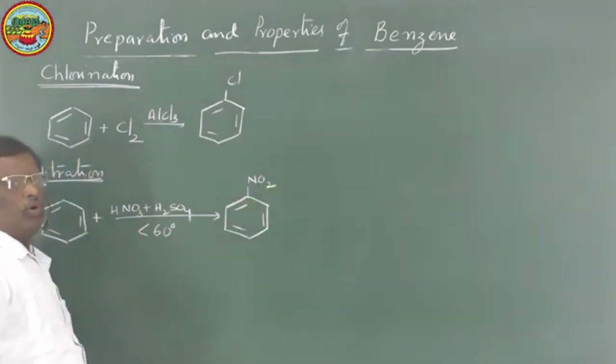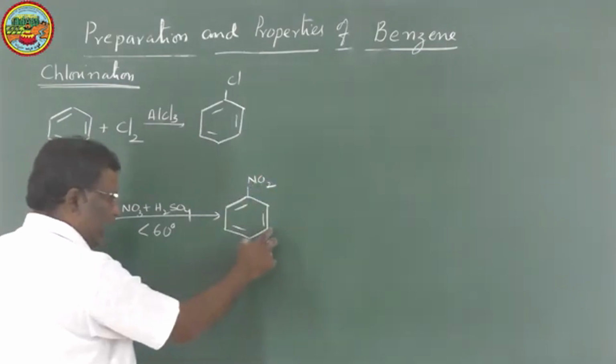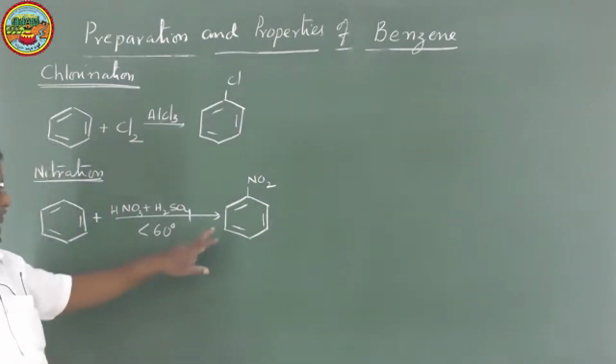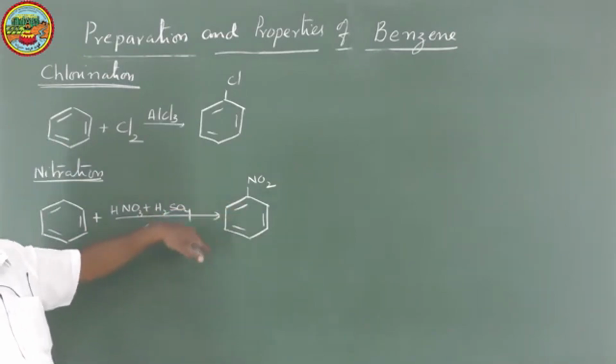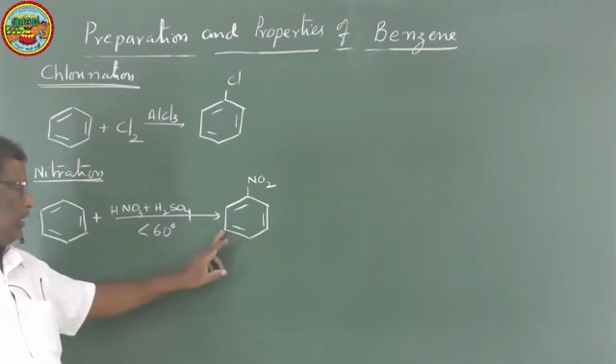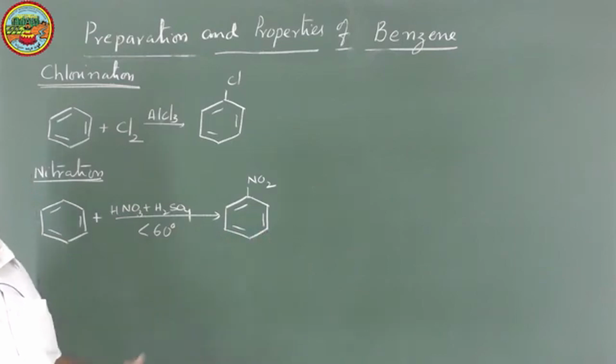If the temperature is more than 60 degrees centigrade, another nitro group is substituted in the meta position, and further in this position also, so 3 nitro groups are substituted. So if you want nitrobenzene, you should restrict the reaction to below 60 degrees centigrade. Above 60 degrees centigrade, other NO2 groups are also substituted in the meta positions.